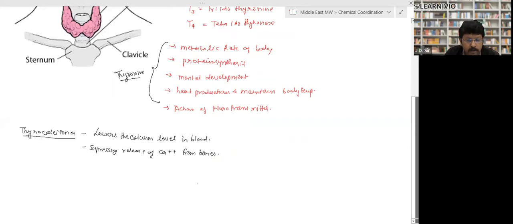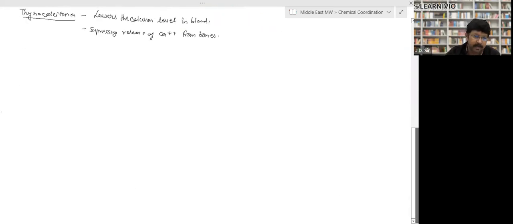Next is disorders: hyperthyroidism and hypothyroidism. Hyper means over secretion, hypo means less secretion. First write down thyroid disorders, and the first one is hyperthyroidism, which means over secretion.